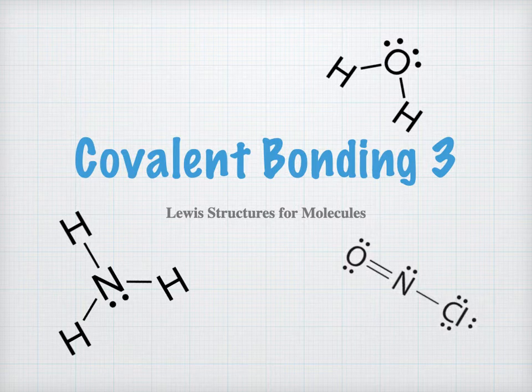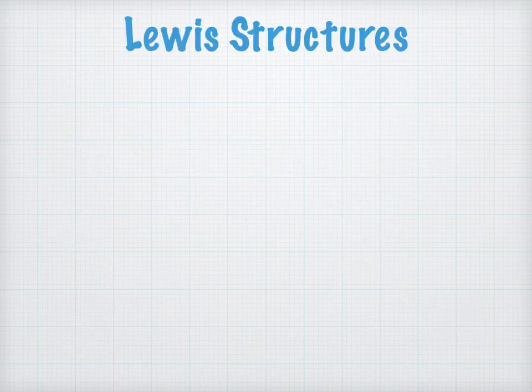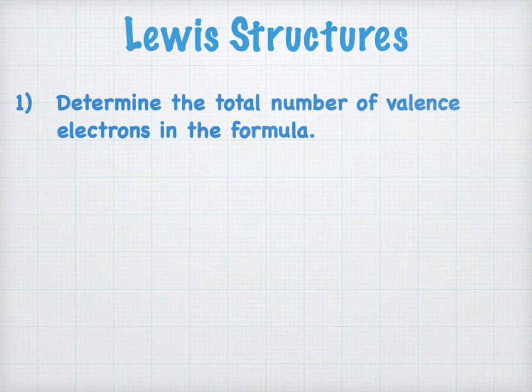In order to make these Lewis structures, there's a step-by-step procedure that you need to follow that will help you track where all of these electrons belong in a particular molecule. So the first thing you need to do is find the total number of valence electrons that each particular atom is bringing to the molecule.